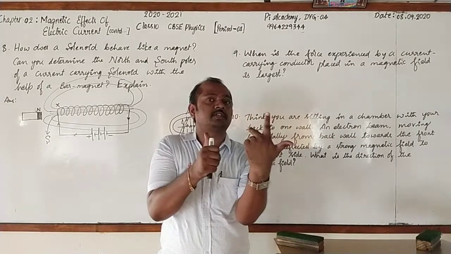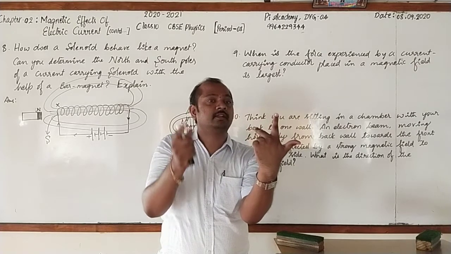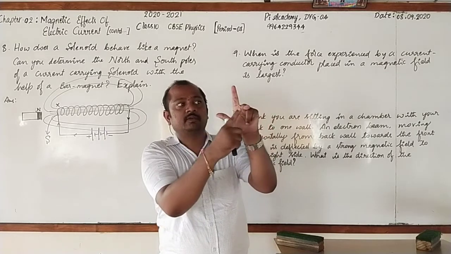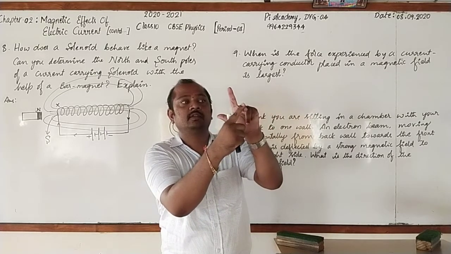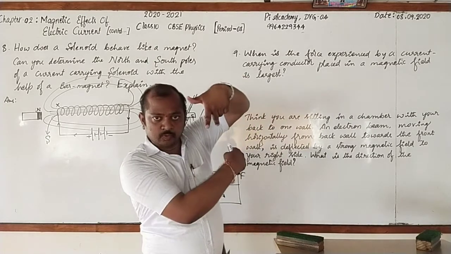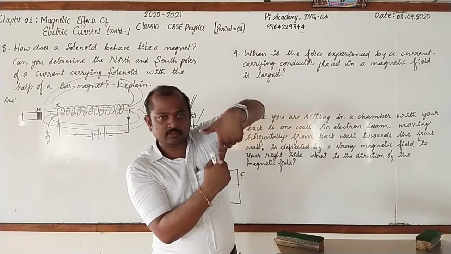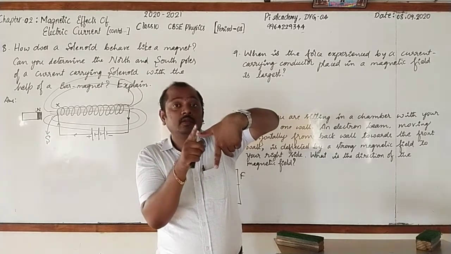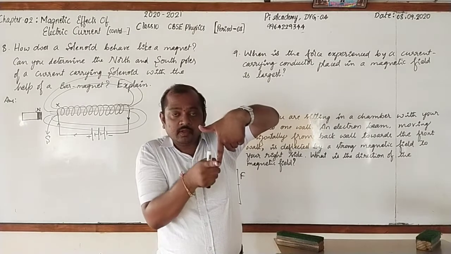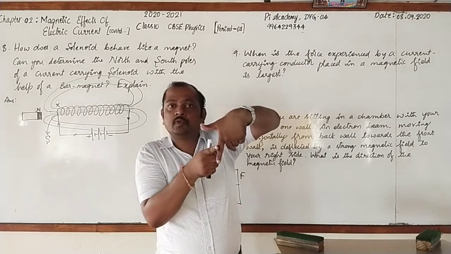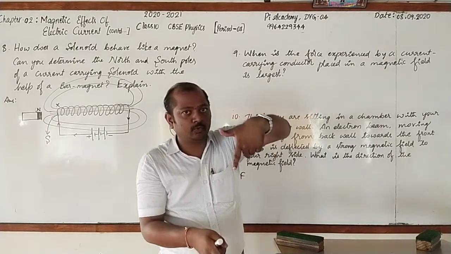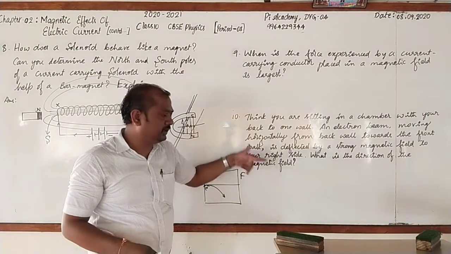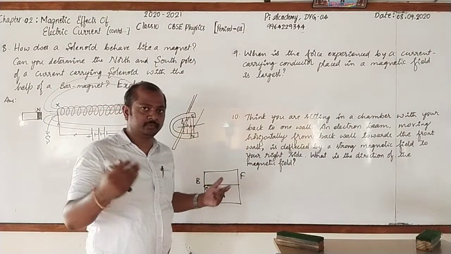But where is the deflection of the electron? It is on the right side. Observe here. It is the direction of deflection. But current I am showing in this direction. The current should be towards the back wall. Current is towards back wall. And this is deflection of the electron. Next, then where is the direction of the magnetic field? It is downward. So the answer is downward. So what is the direction of the magnetic field? It is downward. Hope that you have understood.